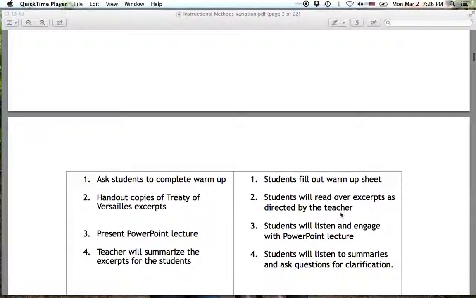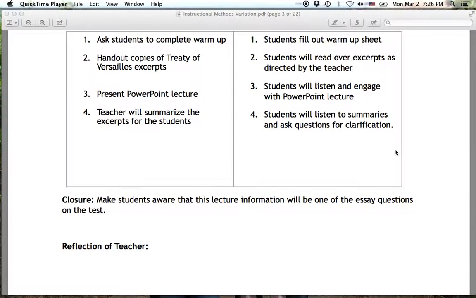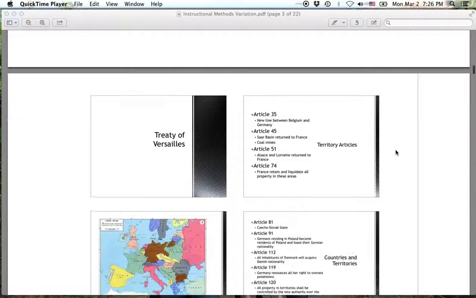Pretty much a straightforward, direct lecture. The teacher would summarize the excerpts for the students, but not let them do any summaries themselves. So that would be the gist of that lesson.